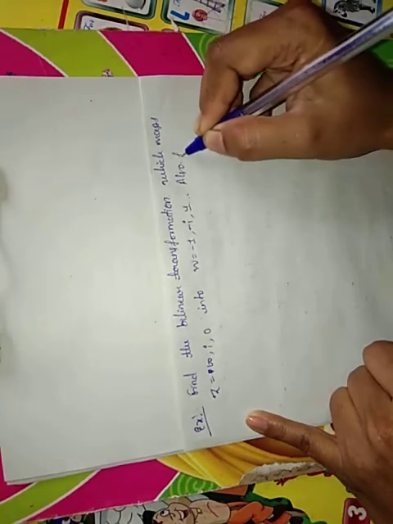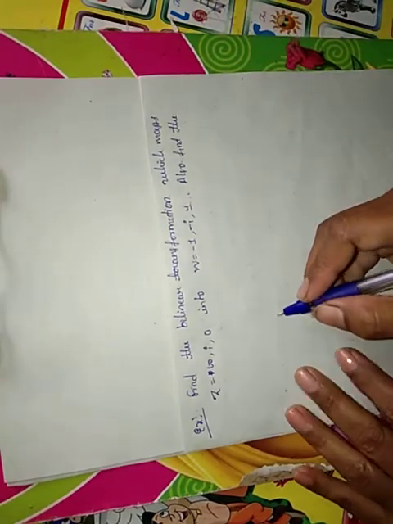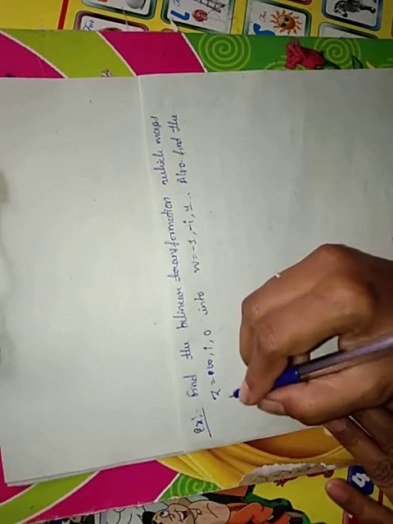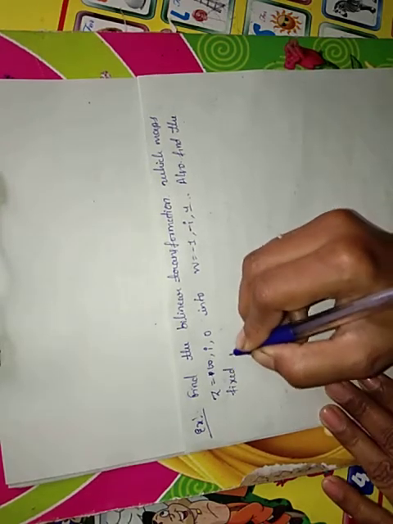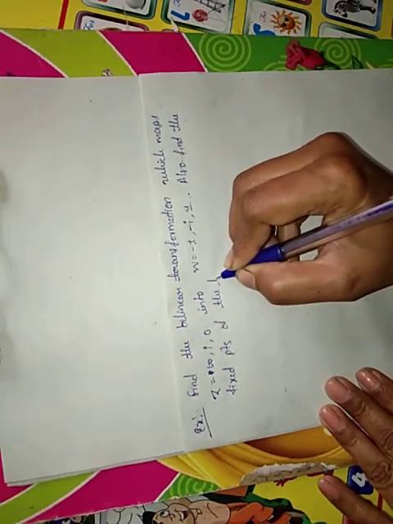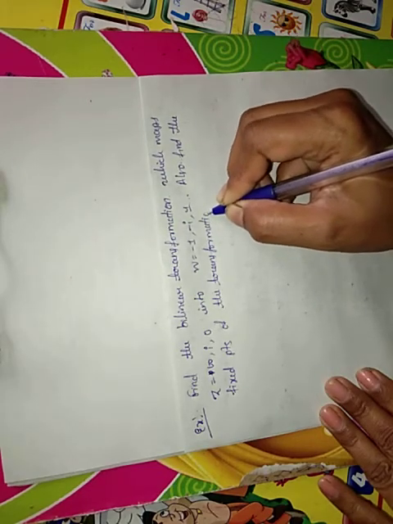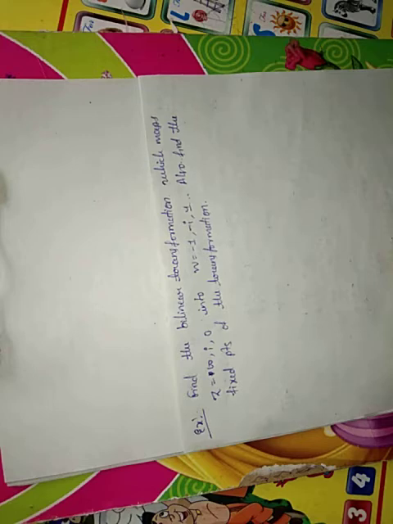Also find the fixed points of the transformation. So find the bilinear transformation which maps z equal to infinity, i, 0 into w equal to minus 1, minus i, 1. And also find the fixed points of the transformation.